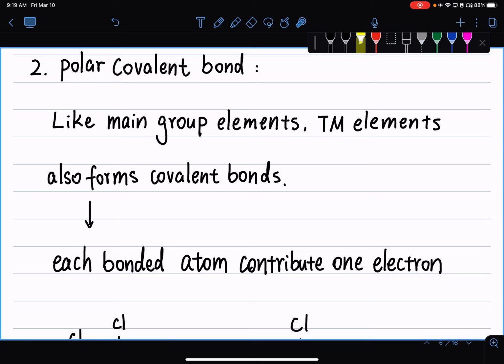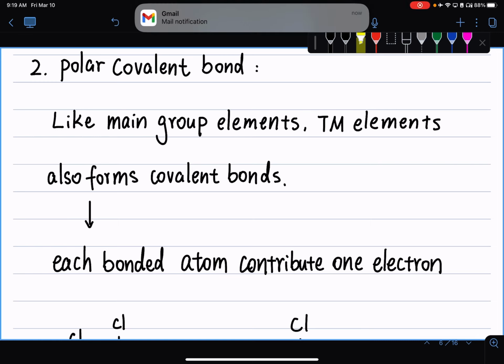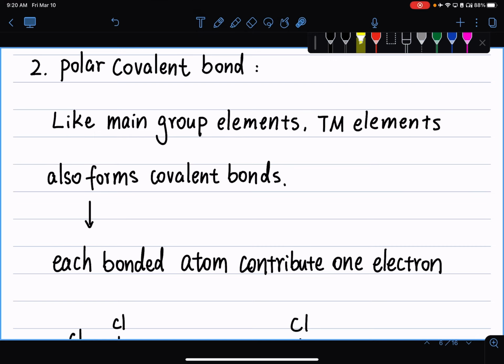It's pretty similar to drawing the Lewis-dot diagram for, say, CH4, where carbon and hydrogen each donate one electron to make a chemical bond. With the transition metal center, it's the same idea: the transition metal and the ligand each donate one electron to form a covalent chemical bond.